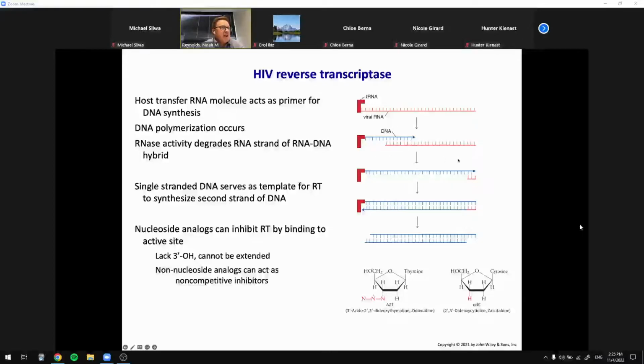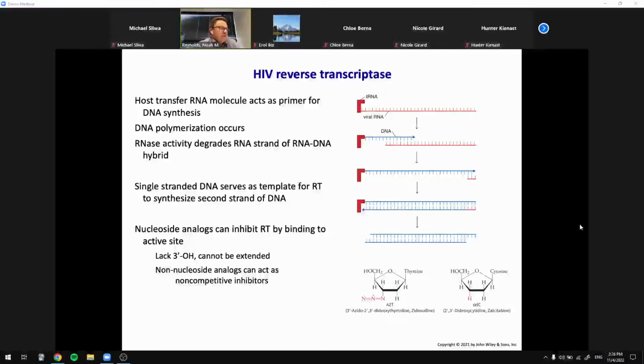So then it turns around and it uses the newly made DNA strand as a template to make the second strand of DNA. And so now we have a DNA double helix from this one enzyme. And what then HIV does is it can take this and put it into your genome, right? A human genome, and essentially hide out as double-stranded DNA in the genome.